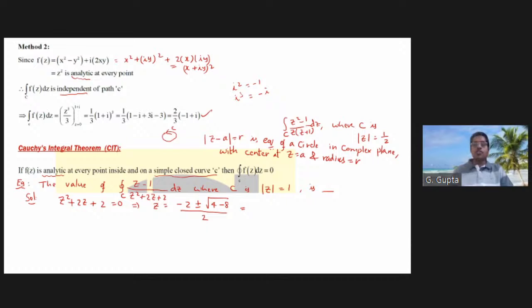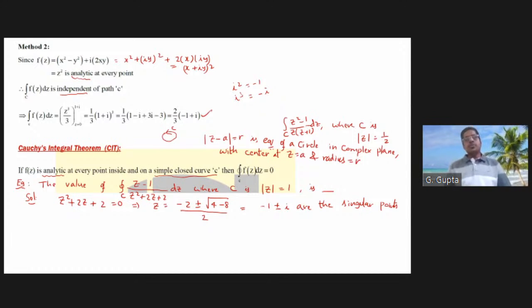Root minus 1 is I, root 4 is 2. After cancelling 2, minus 1 plus or minus I are the singular points of the given integrand. After finding singular points, if all the singular points lie outside the curve, then the same function is analytic at every point inside and on the curve. So according to Cauchy's integral theorem, the answer is 0.